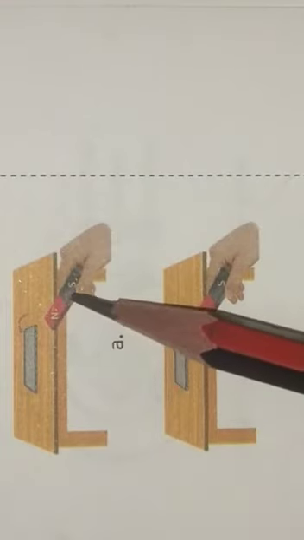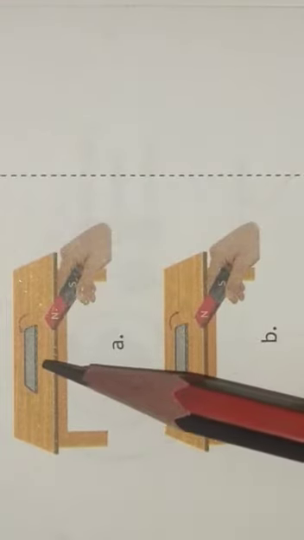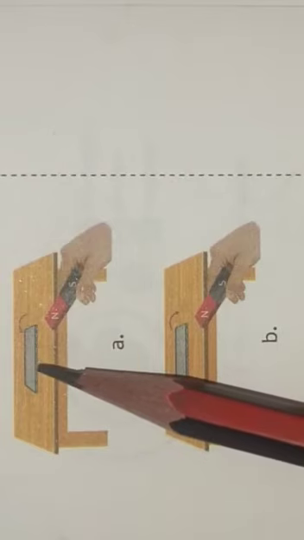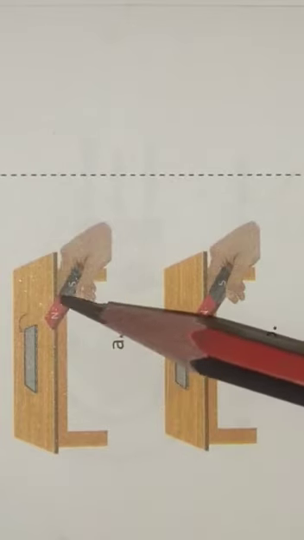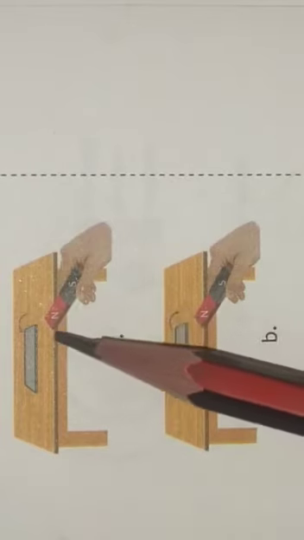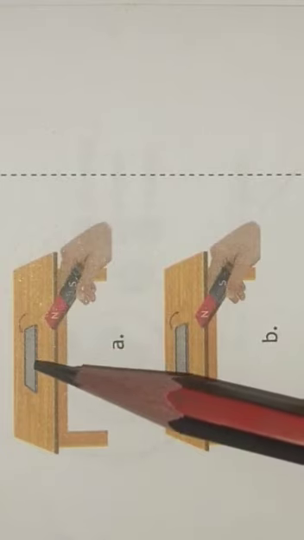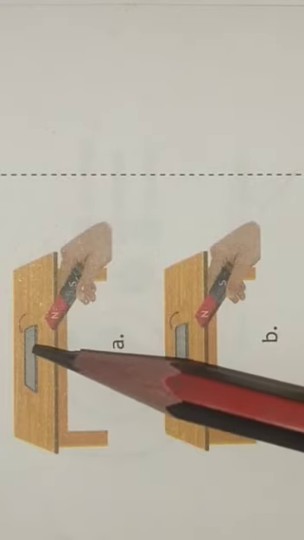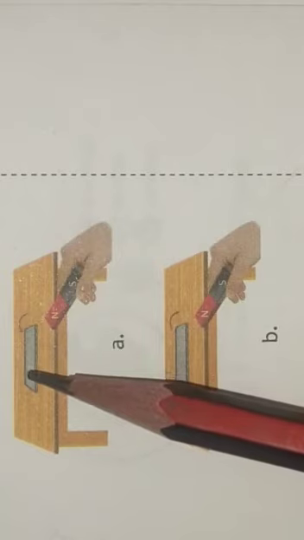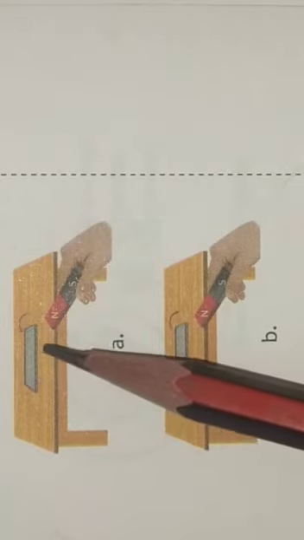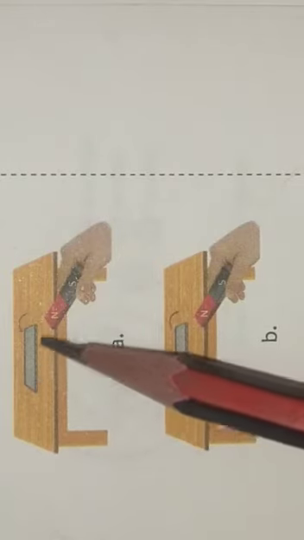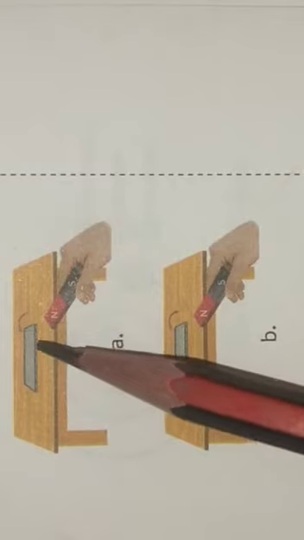If this bar magnet is brought closer to the unidentified substance and it gets attracted, it may be a magnet or it may be a magnetic material. And if it does not get attracted, it is not a magnetic material.